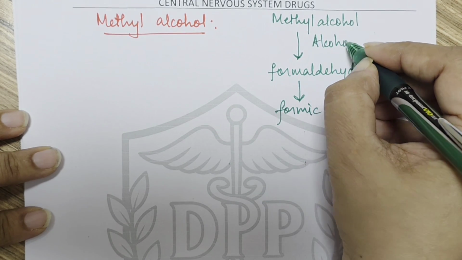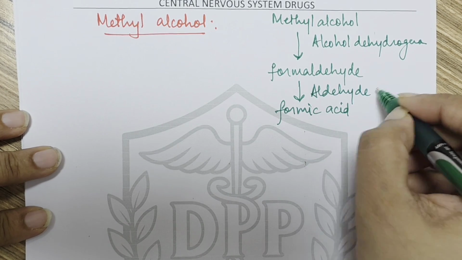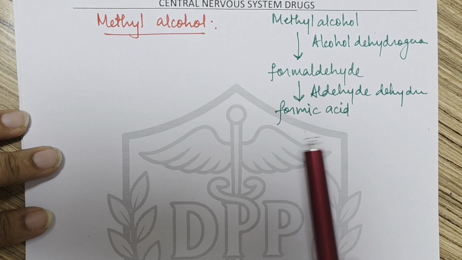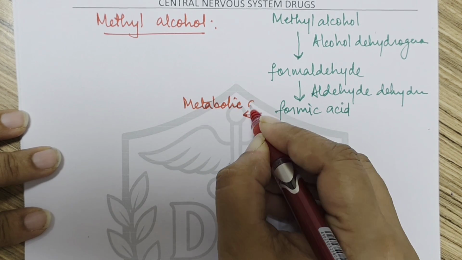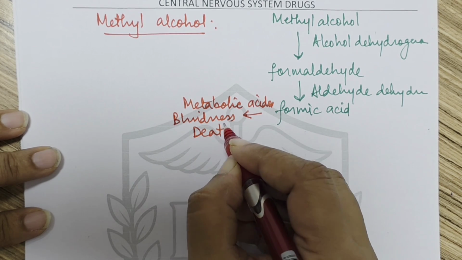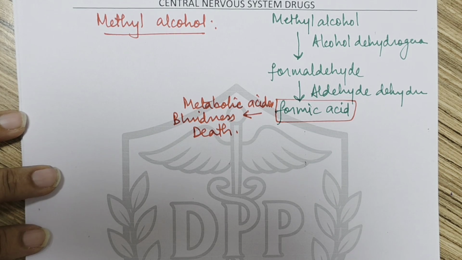This is by alcohol dehydrogenase, and this is by aldehyde dehydrogenase. Okay, just like alcohol, this is also metabolized. Now formaldehyde and formic acid. Now this formic acid is responsible for the toxicity. It causes metabolic acidosis, it causes blindness and death, right? So accumulation of this formic acid results in blindness and death. It causes optic damage, retinal damage.